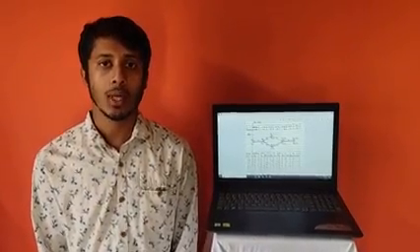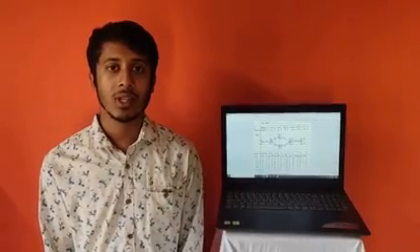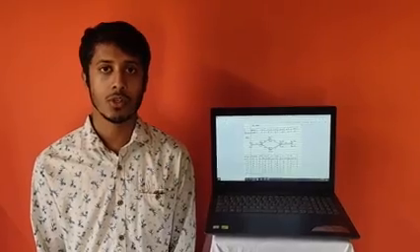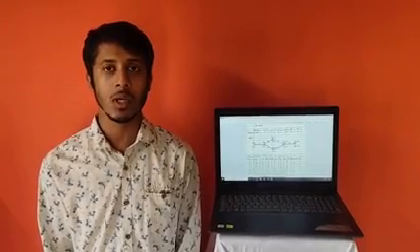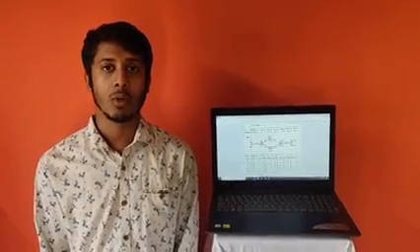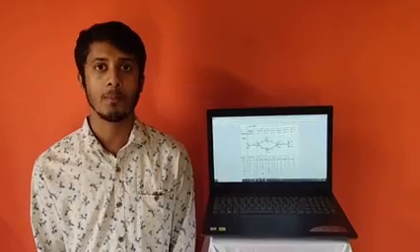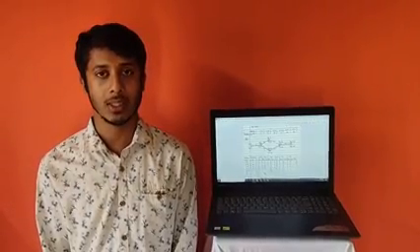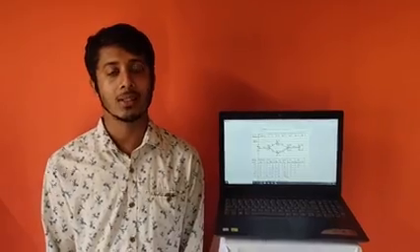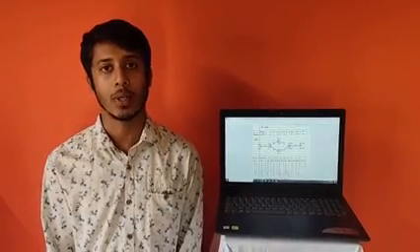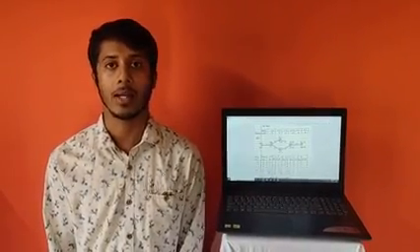But now to calculate these different types of floats, the fluctuations in the duration, before that we have to calculate 4 other parameters. First one is early start time. Second one, early finish time. Third one, latest start time. And then fourth one, latest finish time.